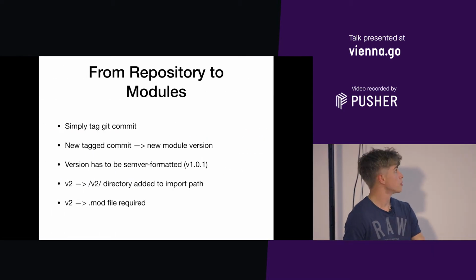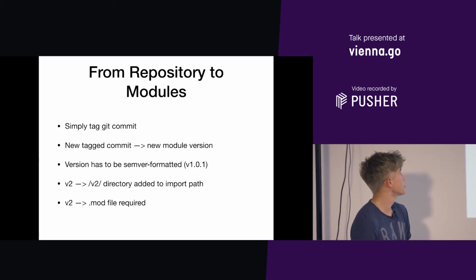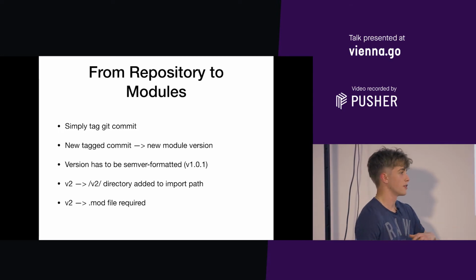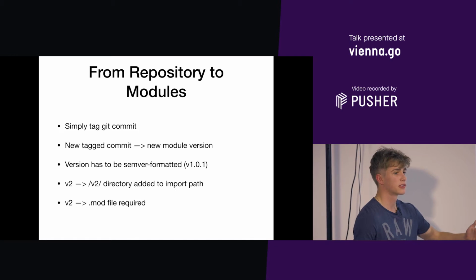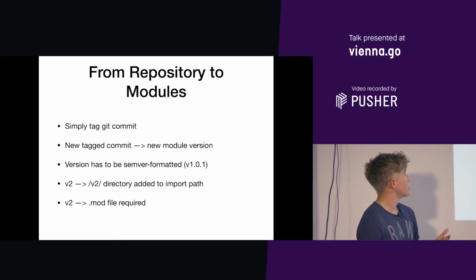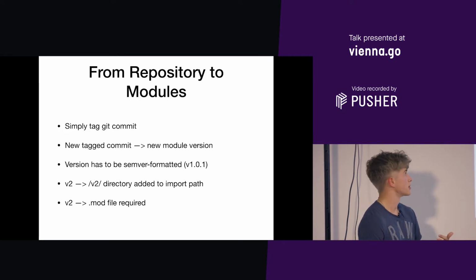And right now we're using repositories for the import of the packages we're using, and the developers want it to be really simple for other developers to switch to the new module system, which is why you just have to tag your commits with a version number, and it automatically creates a module for Vgo to import.